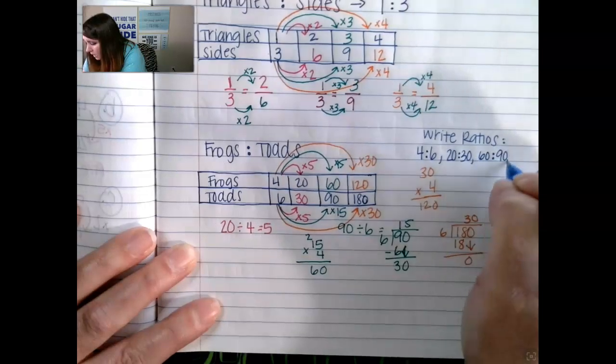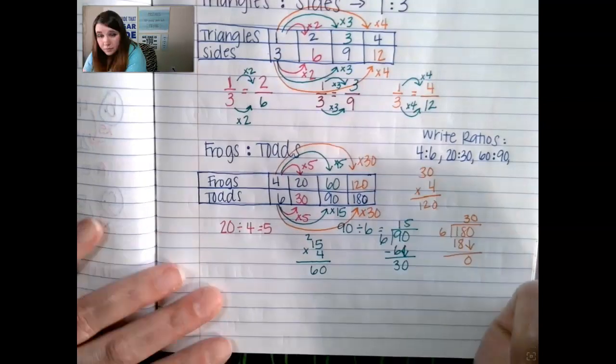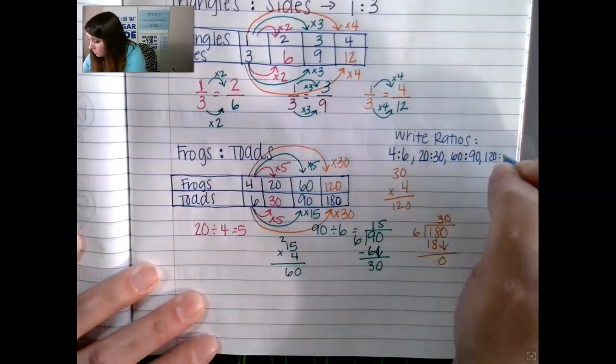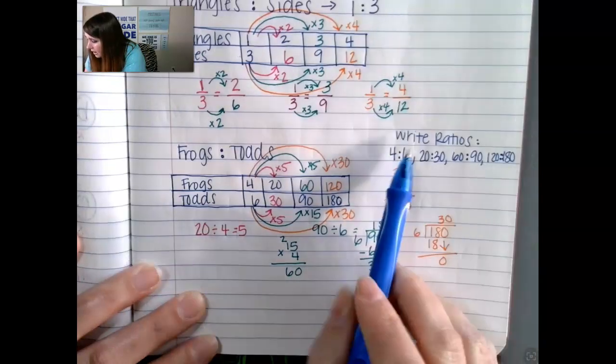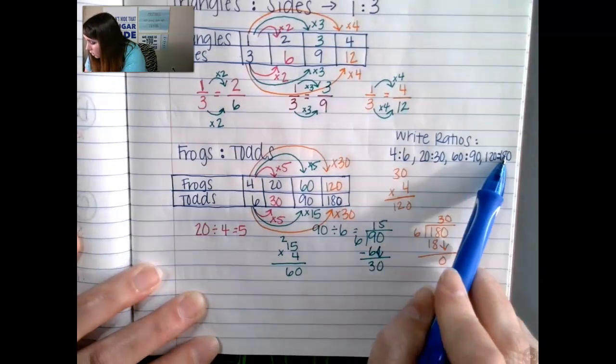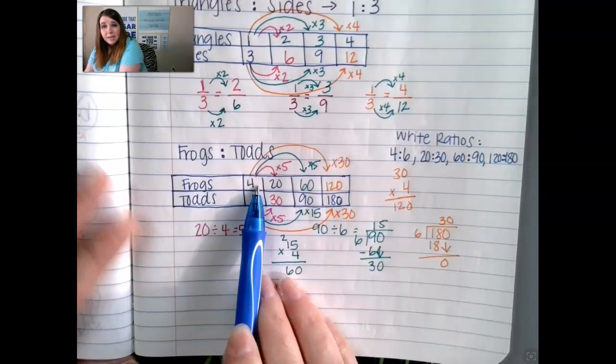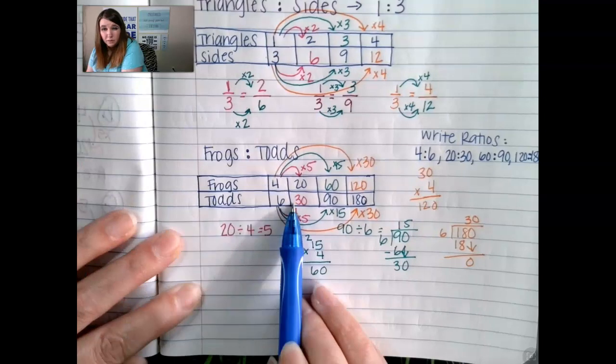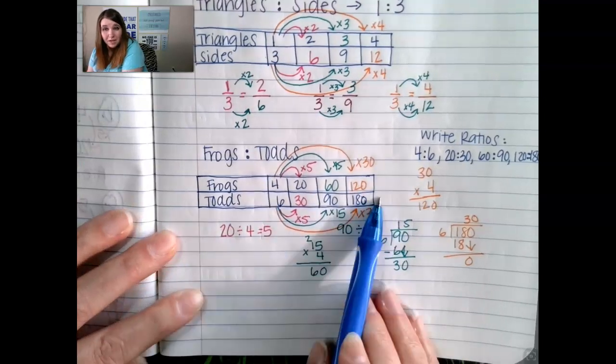And my last one, 120 over 180 becomes 120 to 180. So now I have 1, 2, 3, 4 ratios that I was able to make straight from this ratio table that I used to help me organize my work.